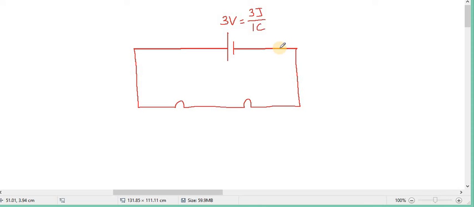So I repeat, if the power source, for example a dry cell, has a label of 3 volt, it will mean that the electromotive force of the dry cell is 3 volt. So what does an electromotive force of 3 volt mean?